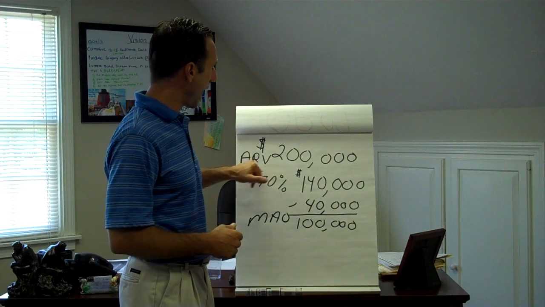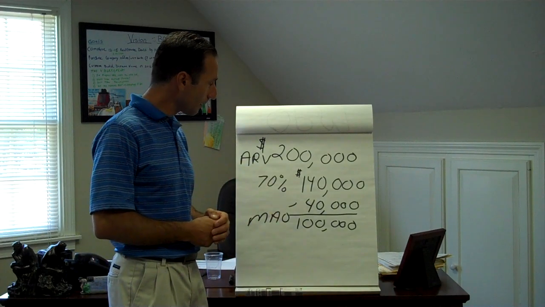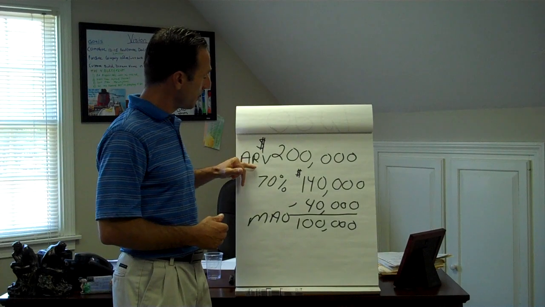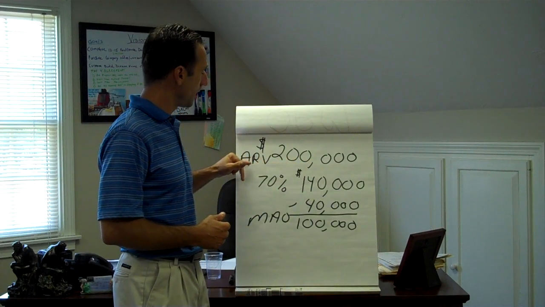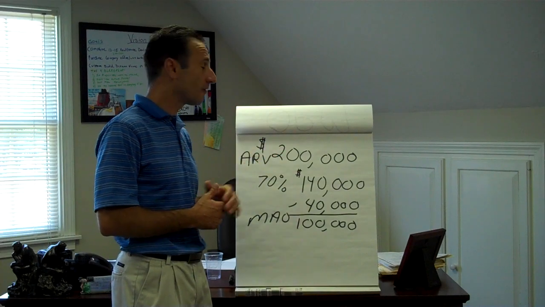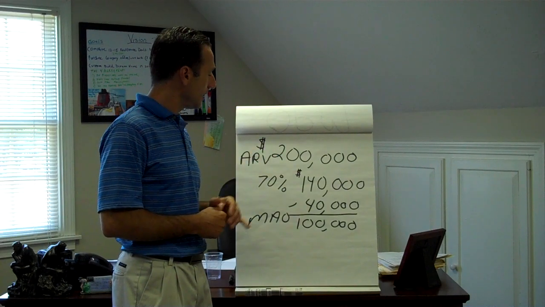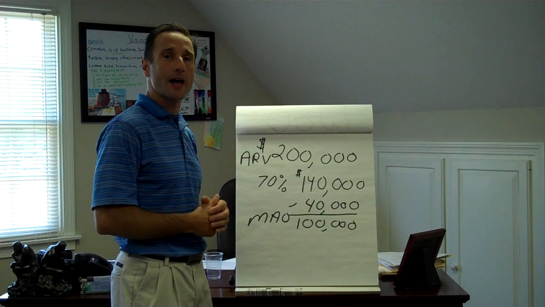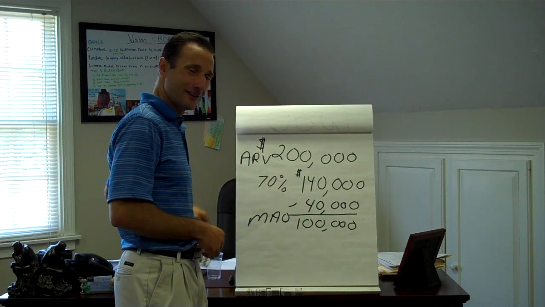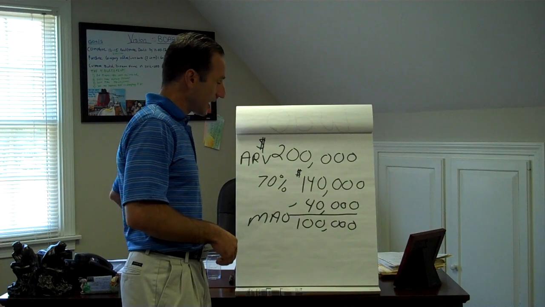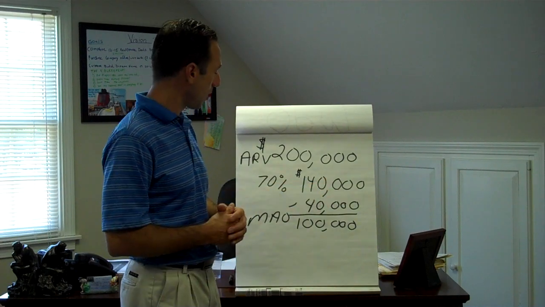And really, what is behind that? Once you've determined the after repair value, which is nothing more than what that house is going to potentially sell for after you repair it, you take 70% of that. And 70% of that, which I showed you earlier on our little calculator, is $140,000.